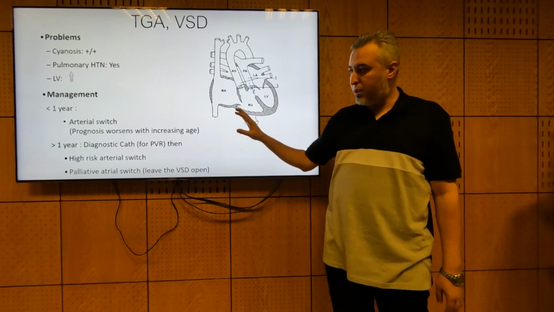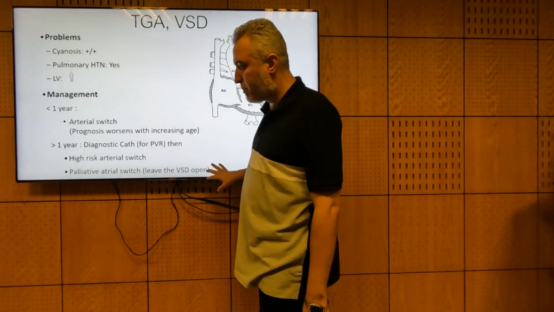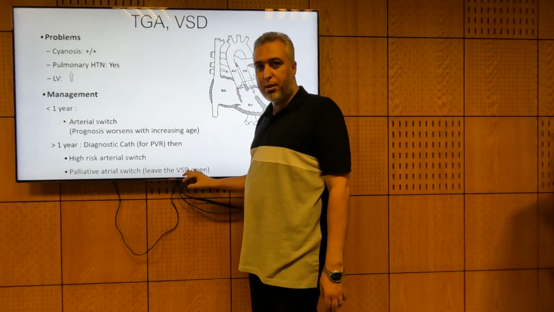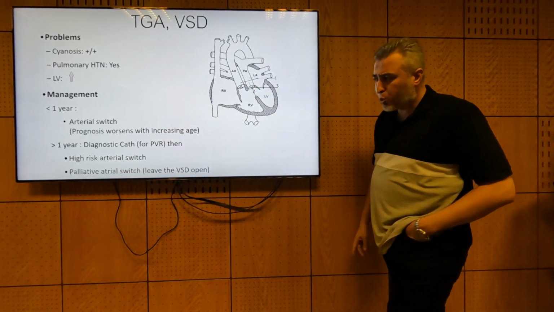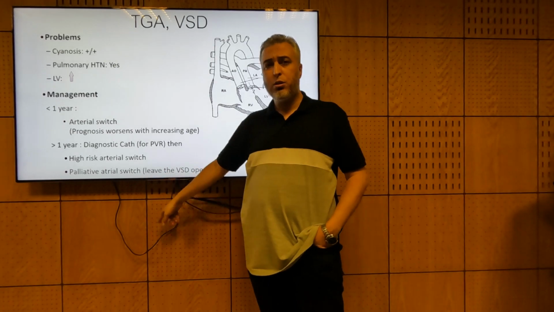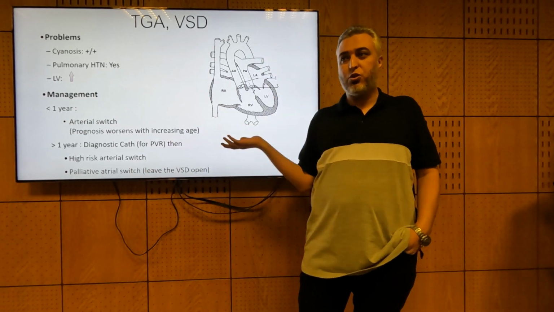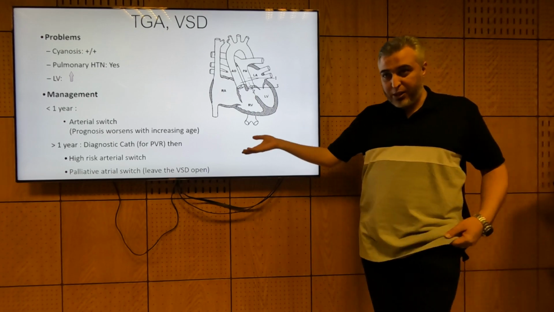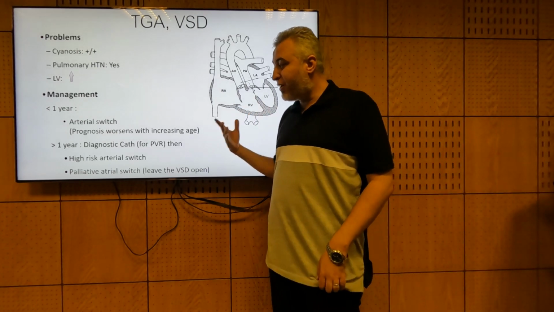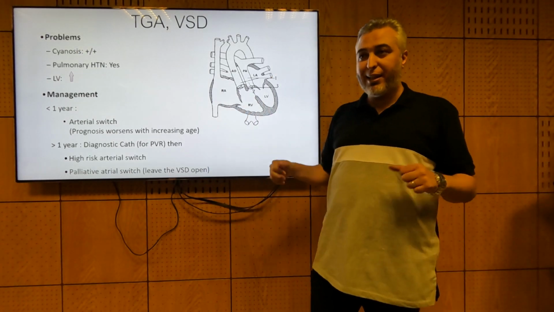So patients with TGA and Eisenmenger, irreversible increase in pulmonary vascular disease, we do palliative atrial switch. So why not palliative arterial switch? Why don't we just do the arterial switch? That's another way of fixing. It's a much bigger operation. And what's the advantage of arterial switch over the atrial switch?